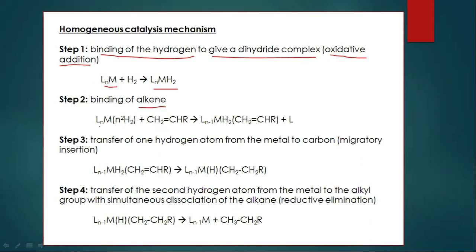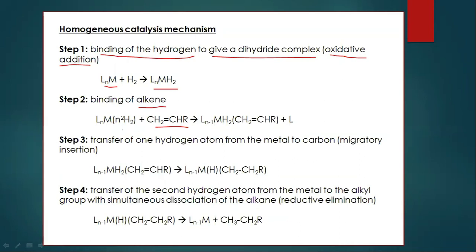The equation will be LnMH2 plus CH2=CHR. Here n is the number of ligands; suppose you can use 1 equivalent, 2 equivalents, 3 equivalents like that. Let us assume this is the alkene you are using. You can use any type of alkene system for the reduction. As it is a general mechanism, let us assume CH2=CHR is the alkene system, and the dihydride complex is formed in the first step of the reaction.